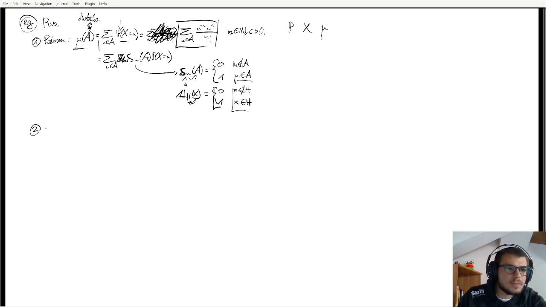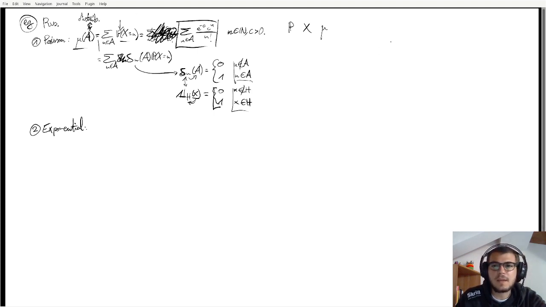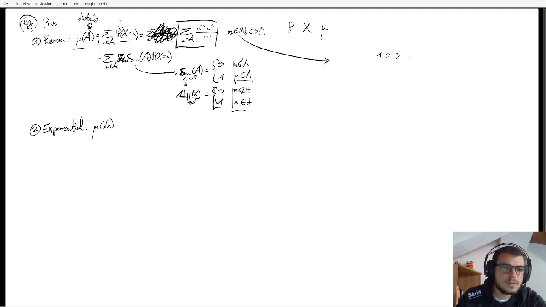Now let's talk about the exponential distribution, which is a continuous one this time. The Poisson was discrete, so we have values like 1, 2, 3, and so on, since we have natural numbers, and here we denote it as mu dx, in differential form. I don't really know why Sinlar's book uses this notation.